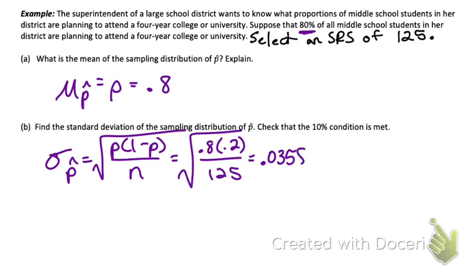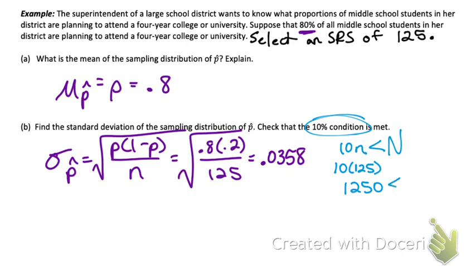0.0358. Perfect. Now we do need to check this strange little 10% condition. We want to make sure that 10 times the sample size is less than the population. So 10 times 125 would be 1,250. Do you guys think that the population of middle school students in the large district is more than 1,250?